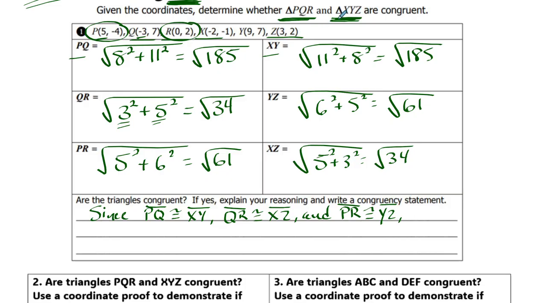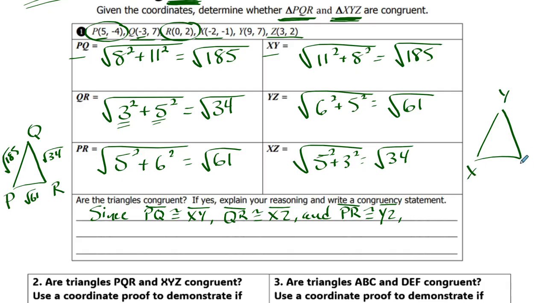When you're writing the congruency statement, I would suggest that you just draw this triangle, PQR, and label it with these side lengths. Draw this triangle also, and label it with its side lengths. Because you can see, as I oriented them here, they're not really corresponding.